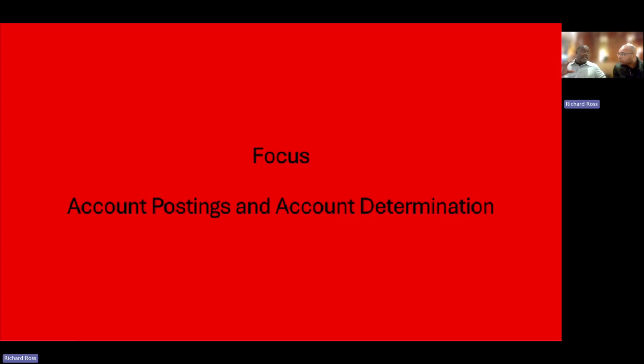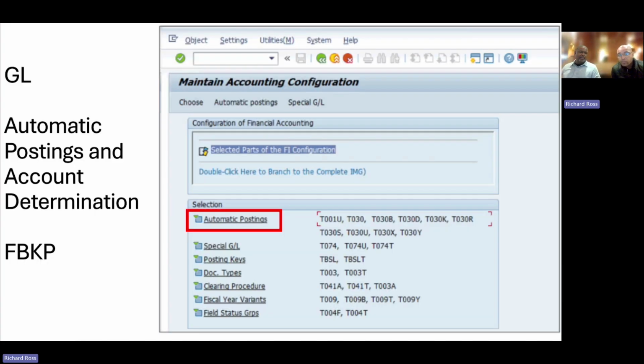So now we're talking about postings. We talked about how to get data off, how to create the master data, and how to record the transactions, both automated and manual. This is sort of an automated one, right? So here I can say, okay, FBKP.